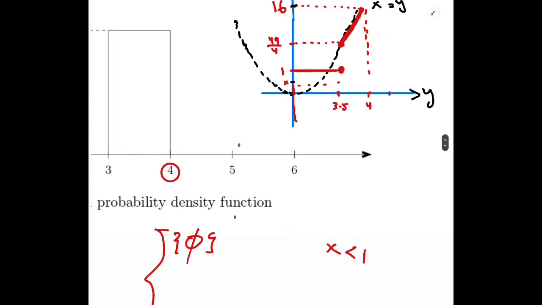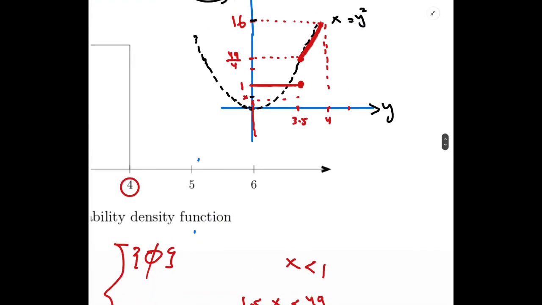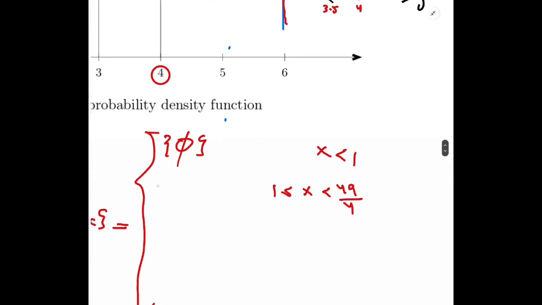Now if x is between 1 and 49 over 4, then the only mapping for the event X less than or equal to x is the event that X equals 1.